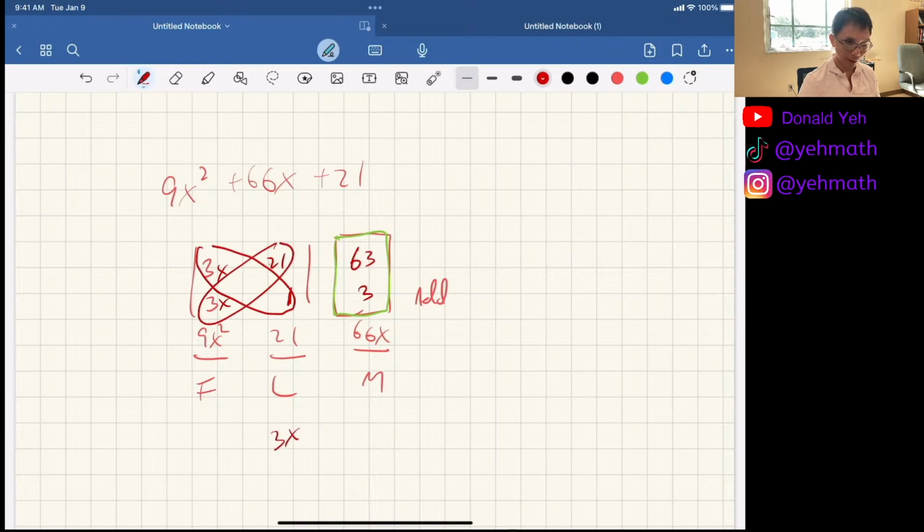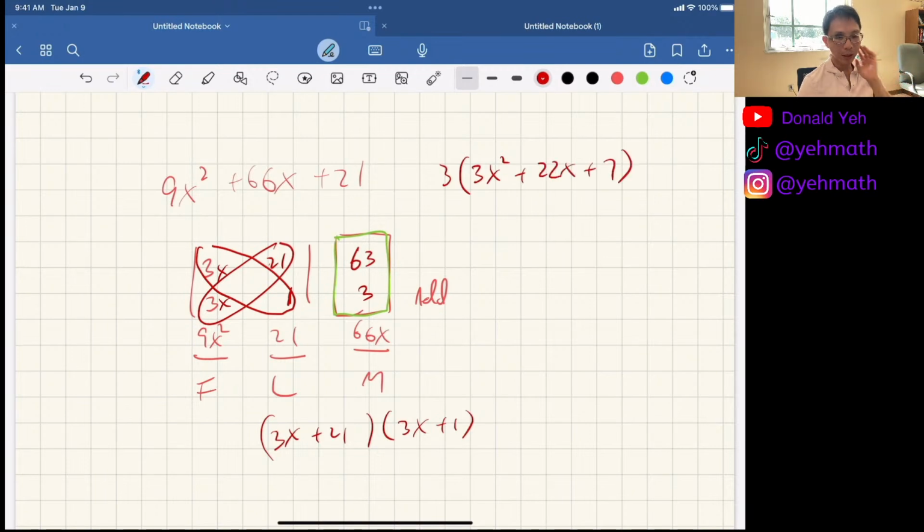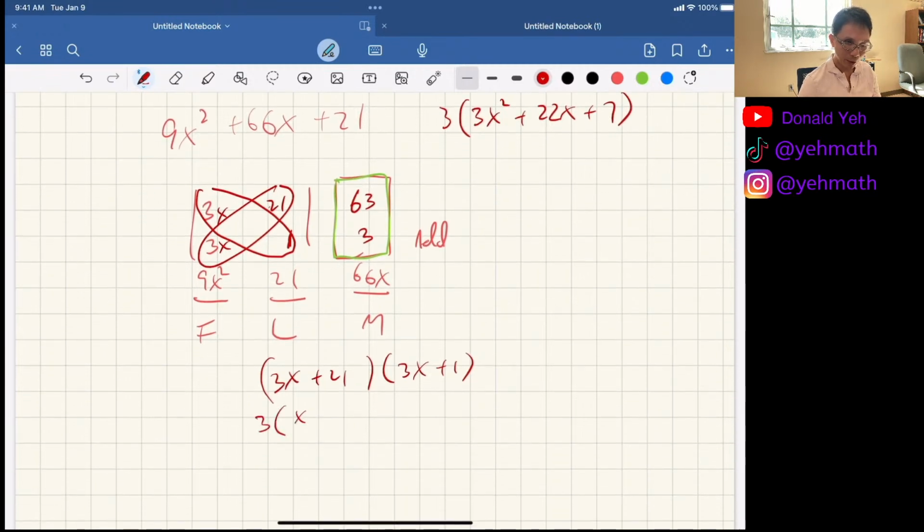It'd be 3x plus 21 times 3x plus 1. Actually, I did it wrong because I should have factored out a 3 first. It makes my numbers much easier to manage. So it should be 3 times x plus 7. You can still factor out 3 here, so that's going to be x plus 7 times 3x plus 1. Either way, it's 3 times x plus 7 times 3x plus 1.